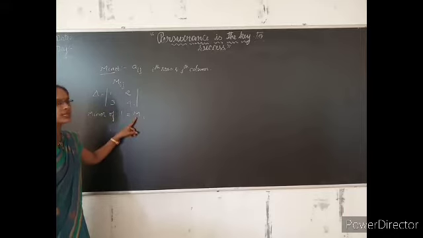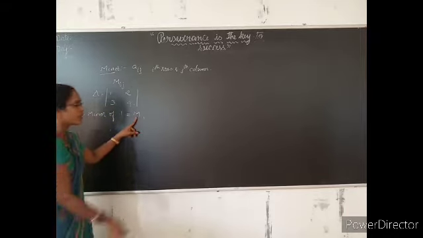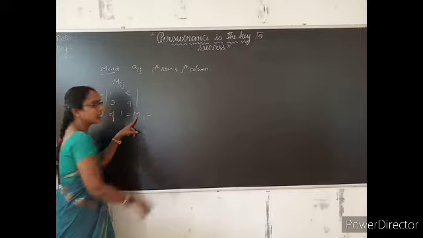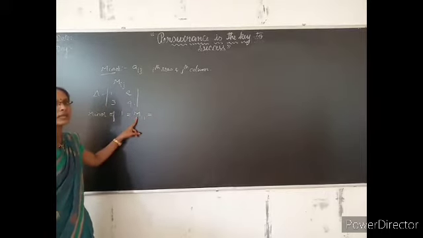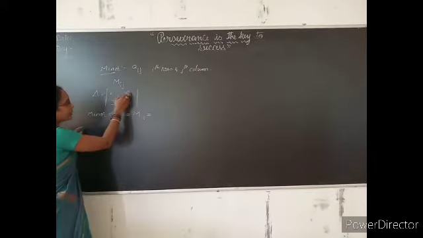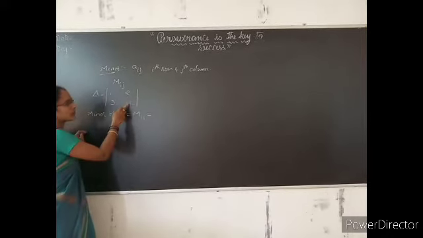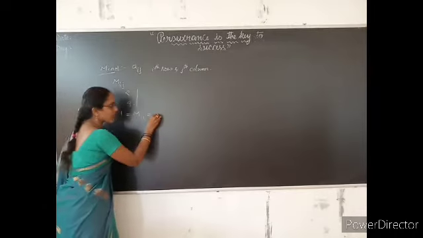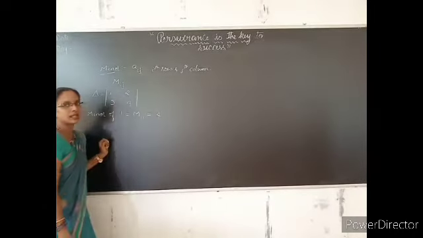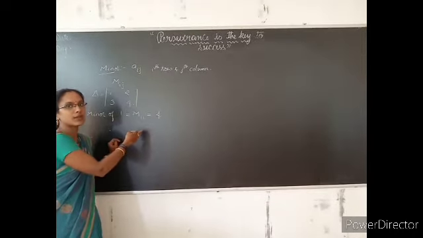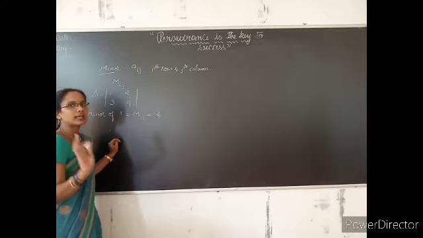So this is a determinant obtained by deleting the first row and first column. That leaves 4, which is a 1 by 1 determinant, only a single number.